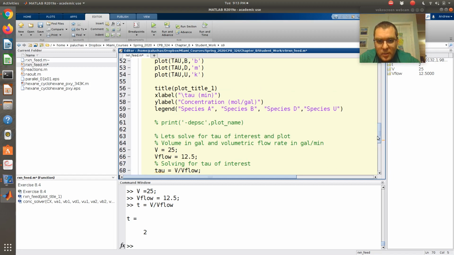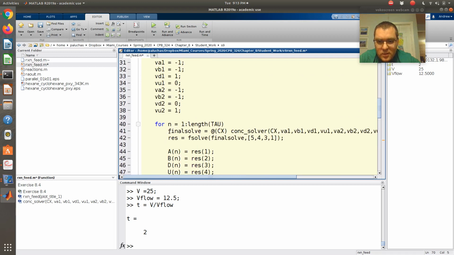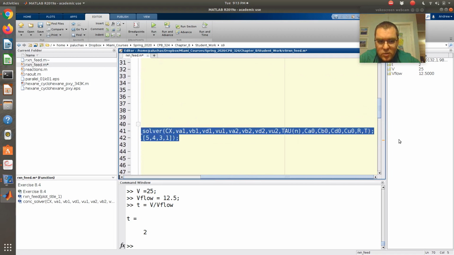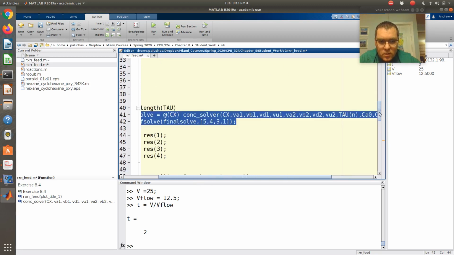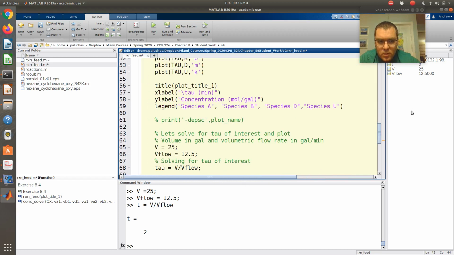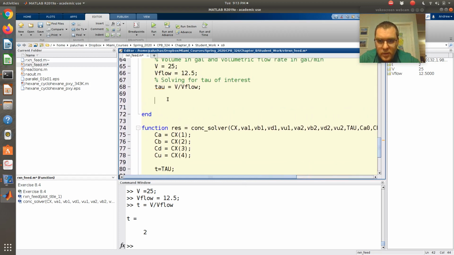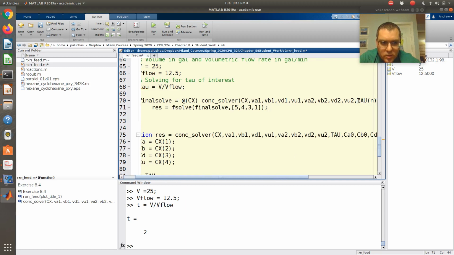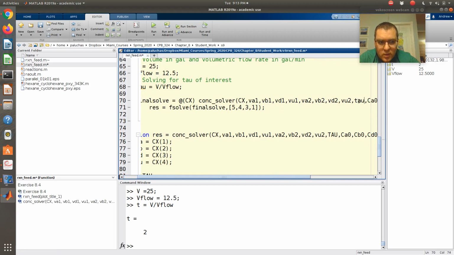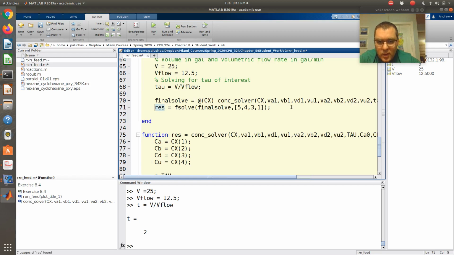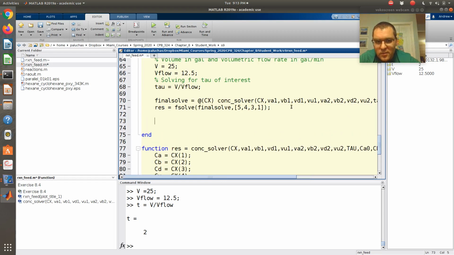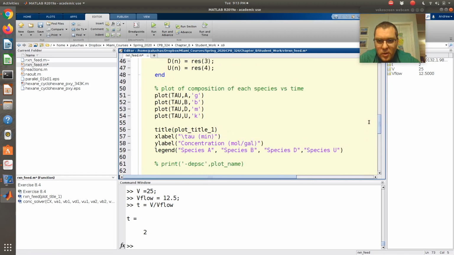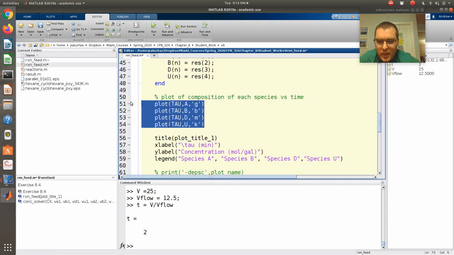And then what I'm going to do is copy this. So the final solve would be copying this, but now we're going to use the tau of interest we just obtained. We'll solve for res. Then I'm going to copy my plot.